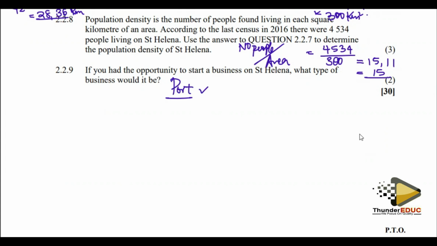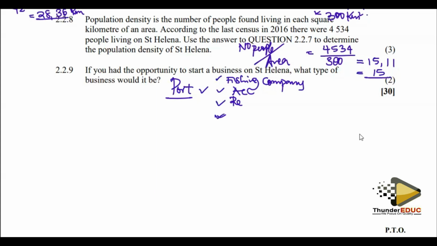Some people might open up a fishing company. Others might open up accommodation areas, the B&Bs. Why? People come to tour St. Helena, but they can't sleep on their boats, so they need somewhere to sleep. And someone might open up a restaurant for people who are working at the port to eat food.